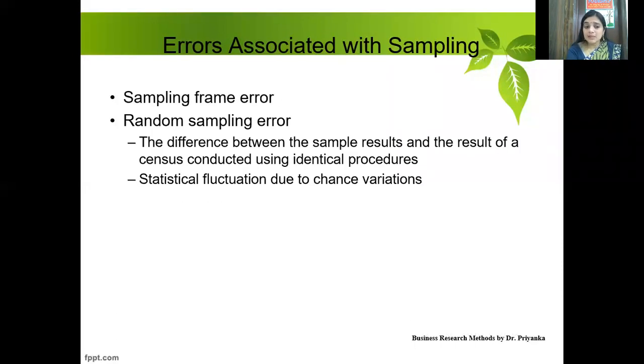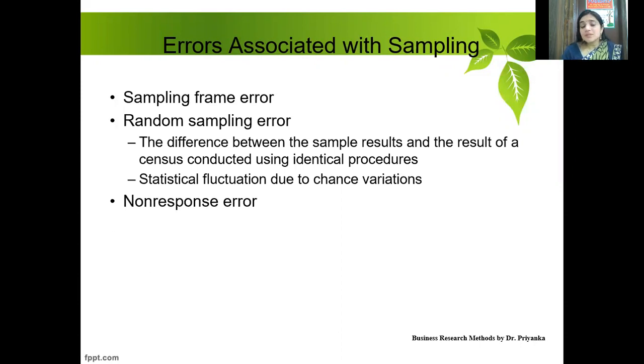Then random sampling error. The difference between the sample results and the results of a census conducted using identical procedures is known as random sampling error. You have chosen a sample randomly, and that does not provide accurate results. Then non-response error.